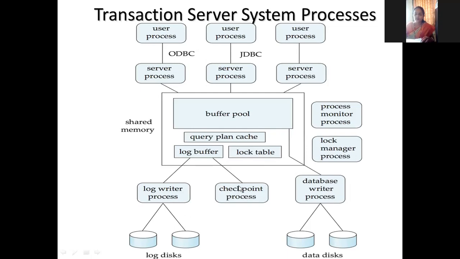Then next is the checkpoint process. When you are executing any transaction, if a transaction is aborted or failed, the checkpoint process performs checkpoints, and you can go to that particular checkpoint, retrieve all the data, and put it back into the shared memory, so the data is not lost. Checkpointing means continuously monitoring whether the transaction is successfully executed or not.